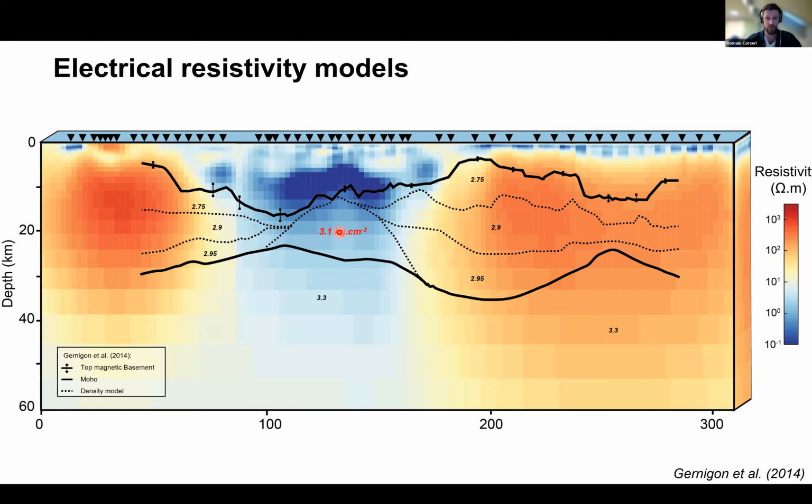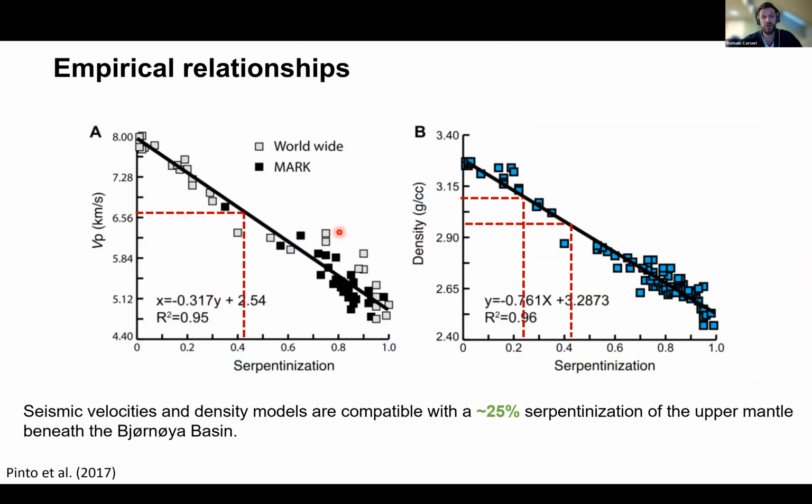We verified that with empirical relationships derived from samples of serpentinized mantle, from Pinto et al. If you have a density of 3.1, it corresponds to approximately 25%, between 20 and 30%, serpentinization.